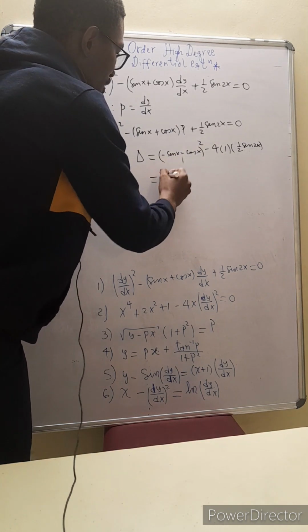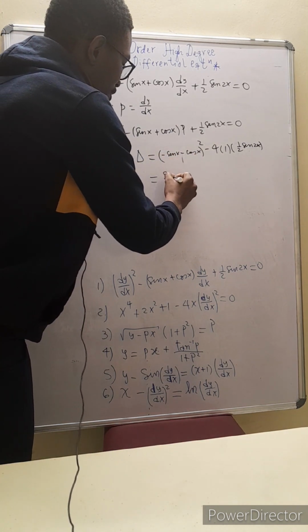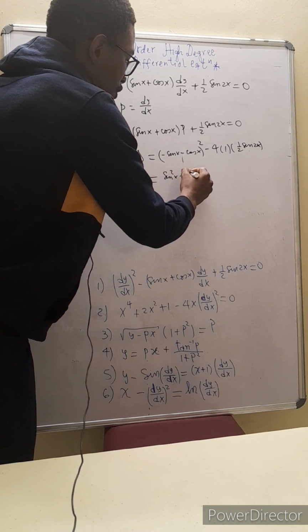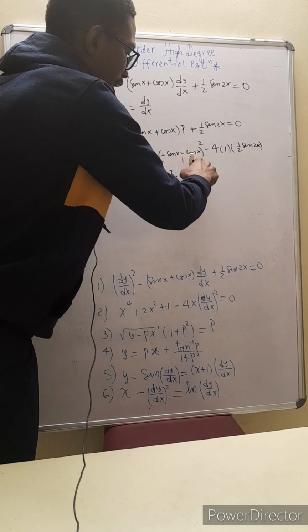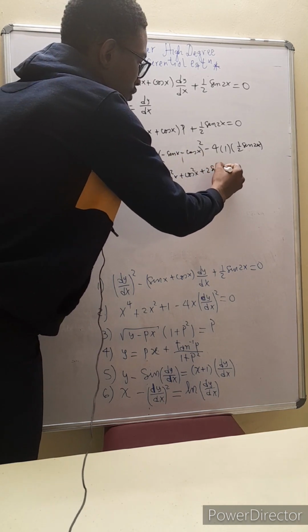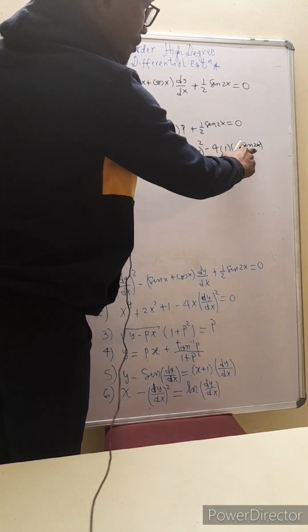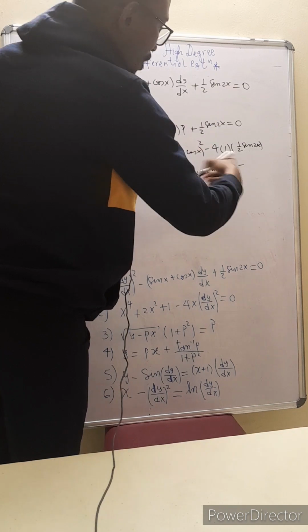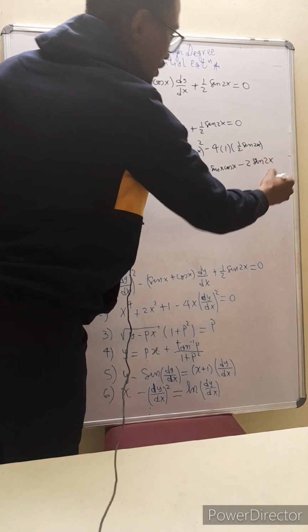If you solve this one, this will be sine squared of x plus cos squared of x plus 2 sine and cos, minus, if you multiply 2 and 2, you get 2 sine of 2x.